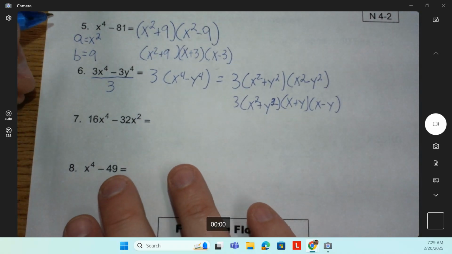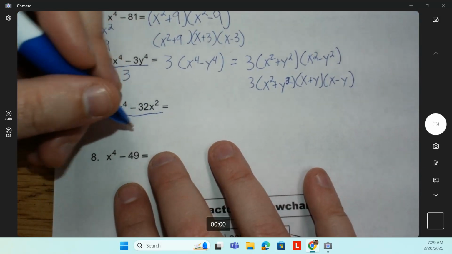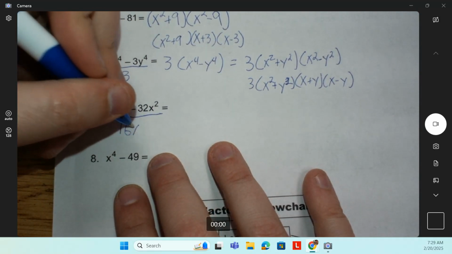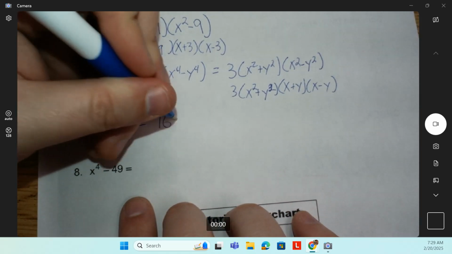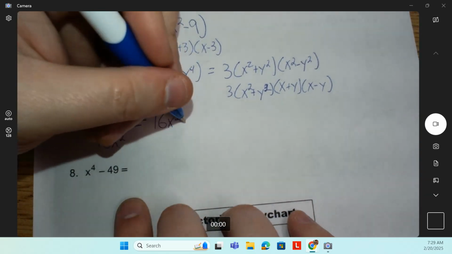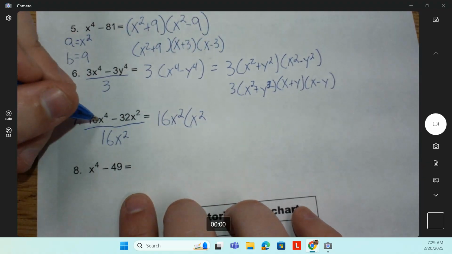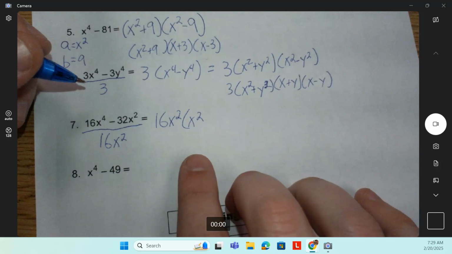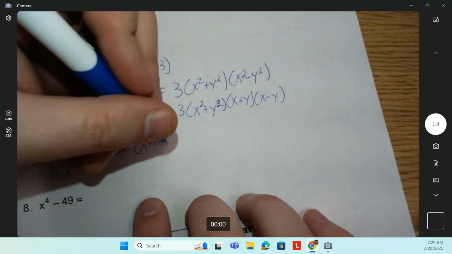On number 17, again, when we look at a greatest common factor, there's a 16, and they both have at least an x squared. So if I pull out a 16x squared from that, you're going to end up with x squared, because x to the fourth divided by x squared leaves me with x squared up top. And 32 divided by 16 would be just 2.